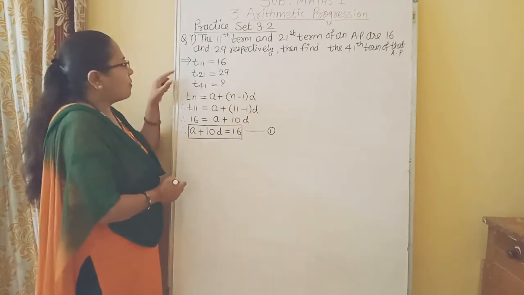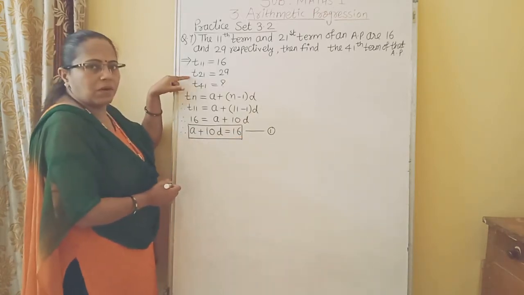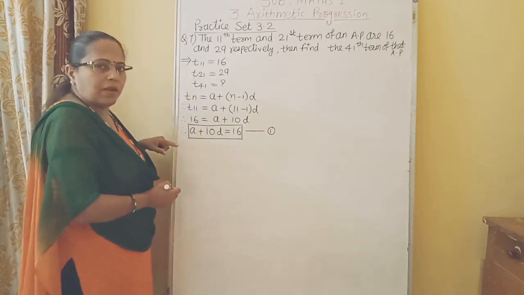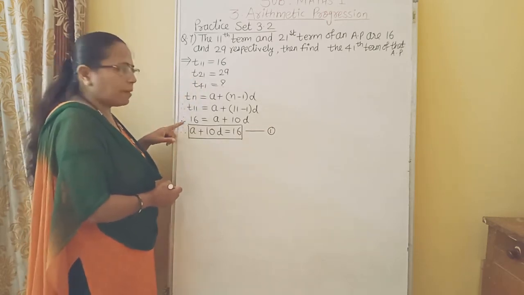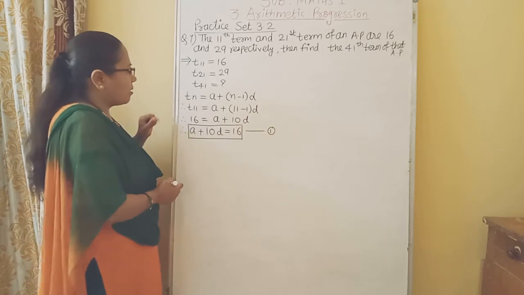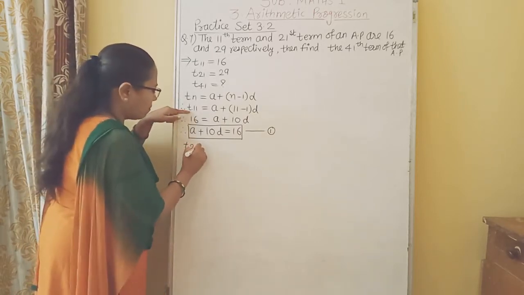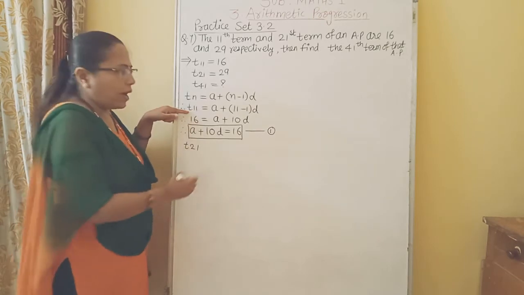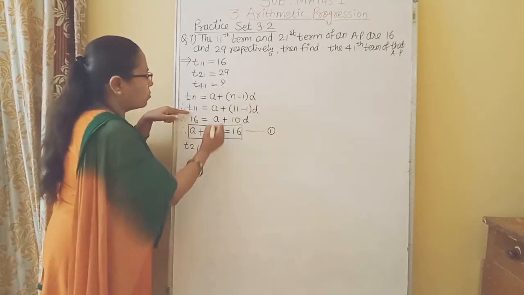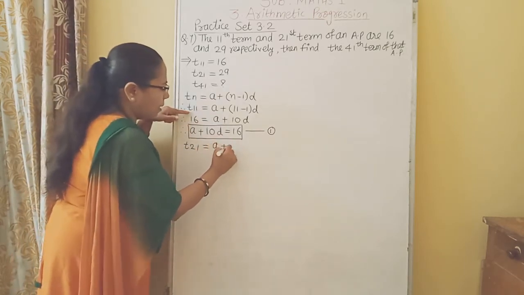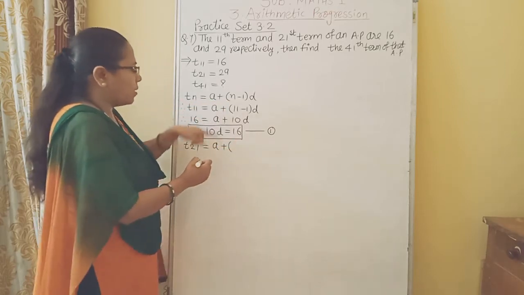Now next, T21 is given. The same way we will follow the steps and get the second equation. Here instead of T11 we write T21 equal to A plus (n minus 1) into D, where n is equal to 21.